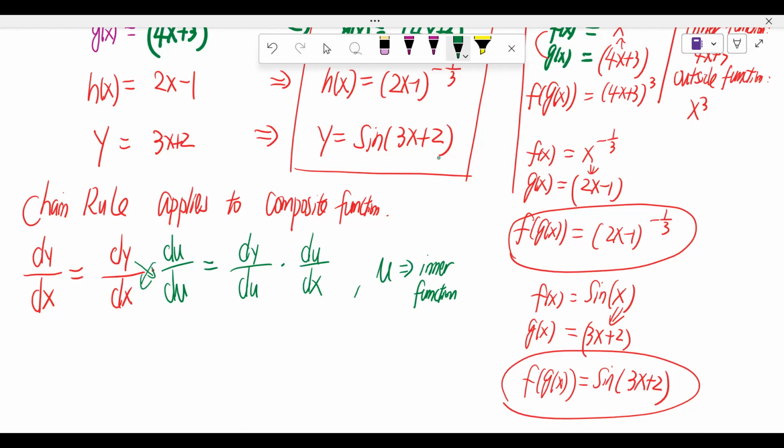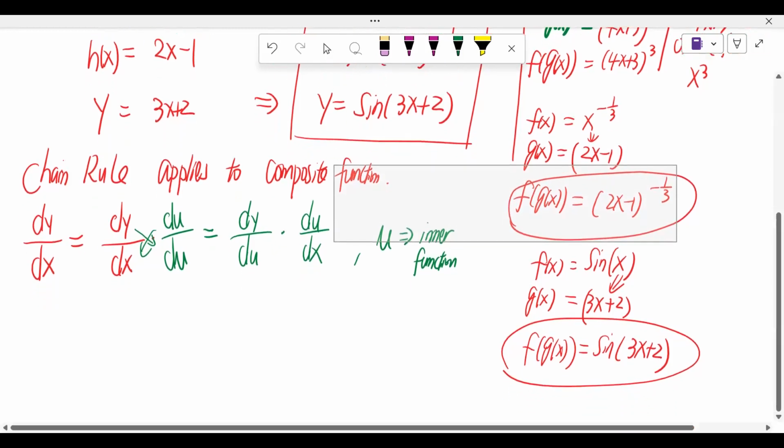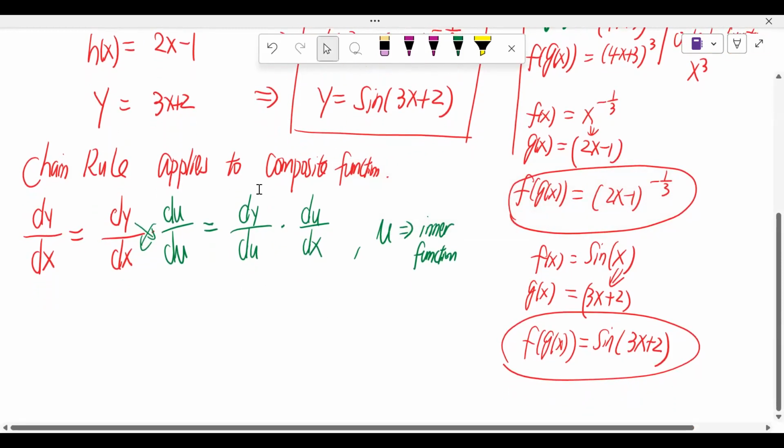Step one, differentiating the overall function with respect to inner function u, and then differentiating inner function u with respect to x. Right? That's how the chain rule works. So you can remember this really quickly.